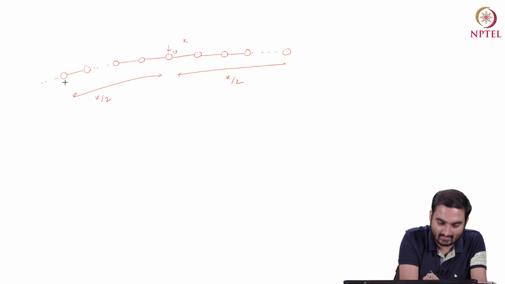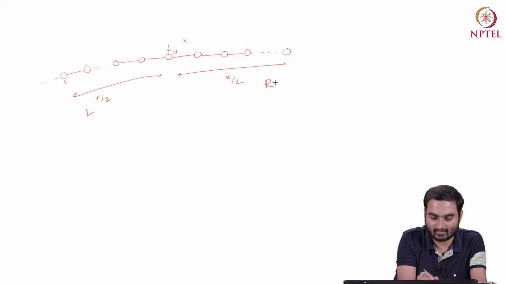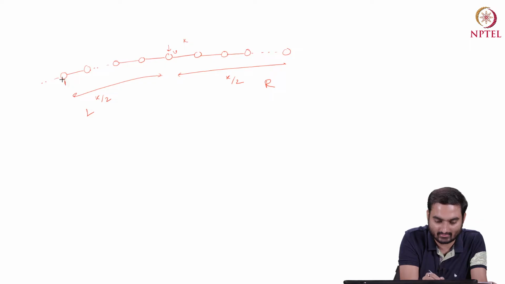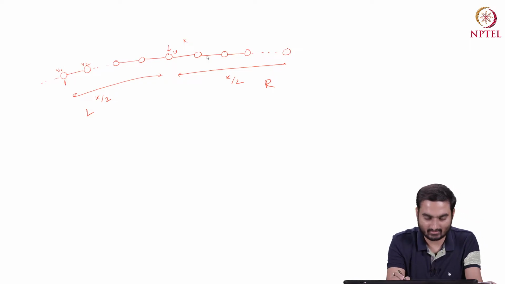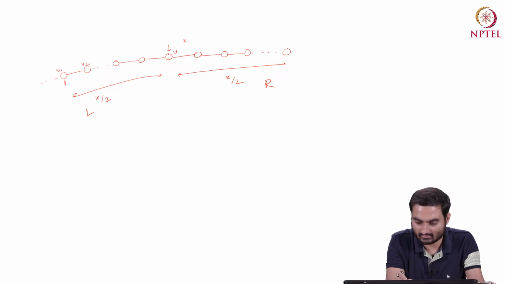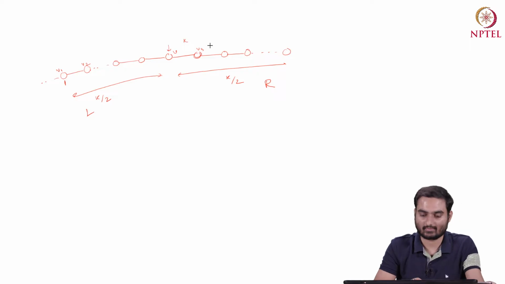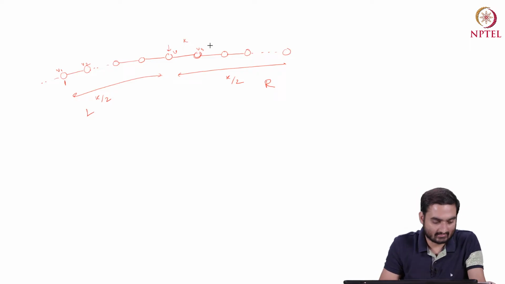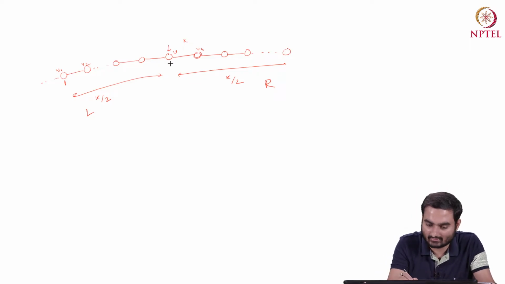So let's say the last node, the k by 2th node on the left side, is V1, this is V2, and similarly the first node on the right side is V3, and so on and so forth. Okay, and how are these connections actually happening? So basically it is connected to this one, it is connected like this.